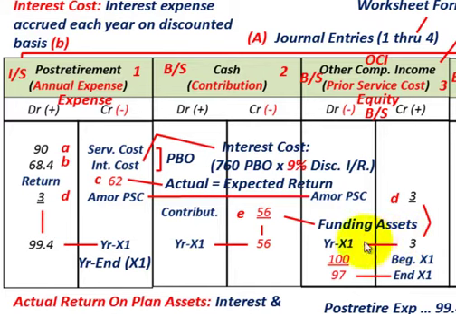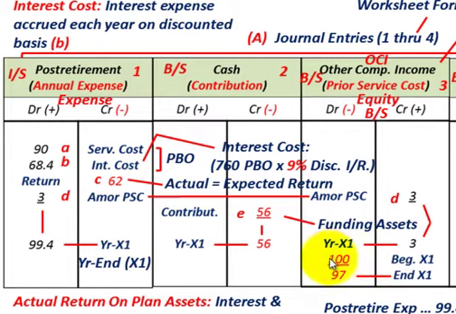Now, the key thing is that's for what our entry is for year X1 we're looking at. But we have to look at the beginning balance, whatever we had in that account, to know what we're keeping in the Other Comprehensive Income, or what the accumulated amount is. The Other Comprehensive Income accounts are cumulative type accounts.